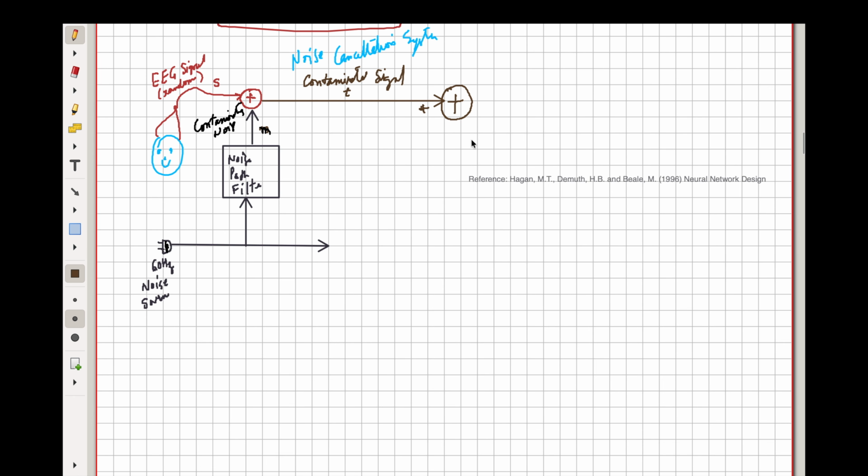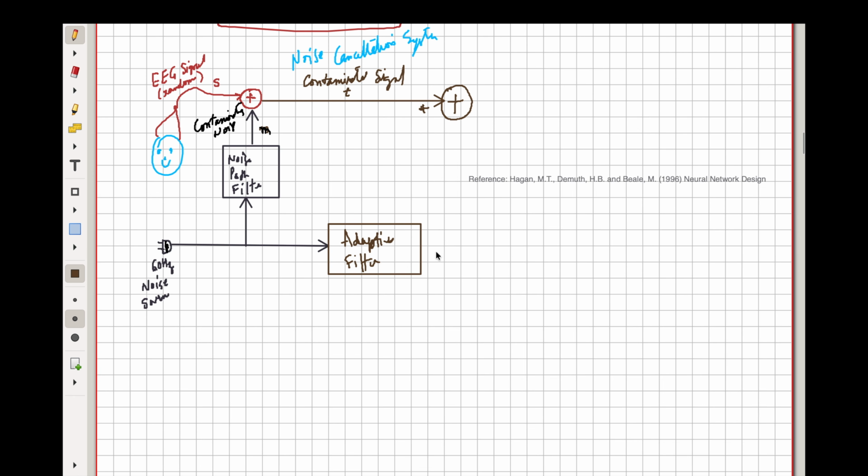What we intend to do here is down below we would have the output of the ADALINE network, which we call the adaptive filter.